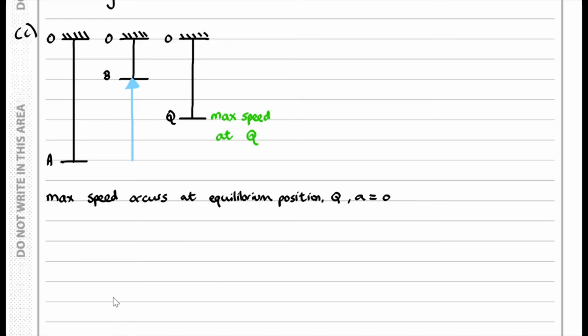Now the elastic potential energy is equal to the work done to stretch the spring. So the elastic potential energy is equal to the work done to stretch a spring.